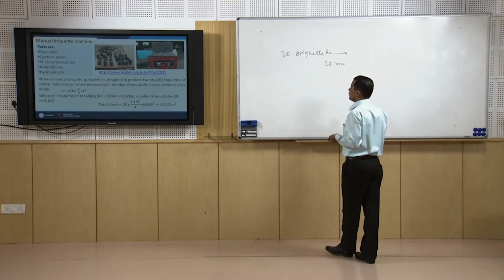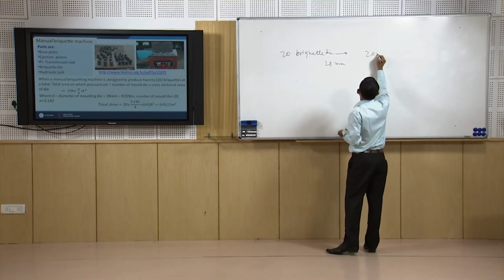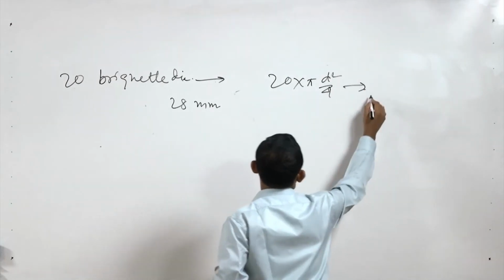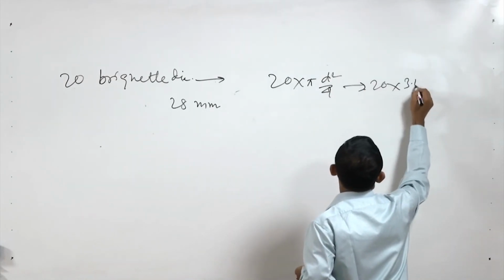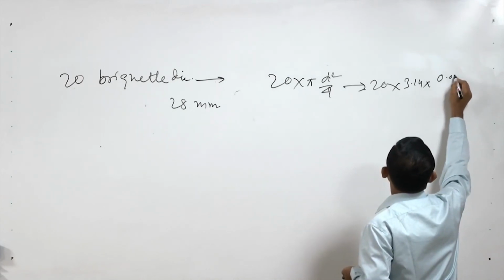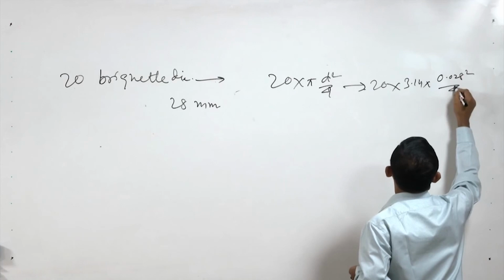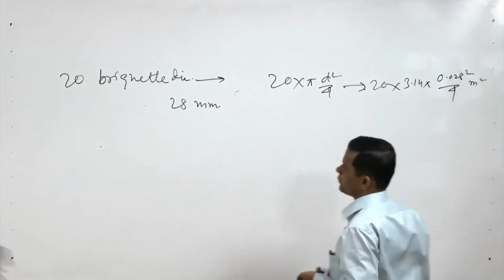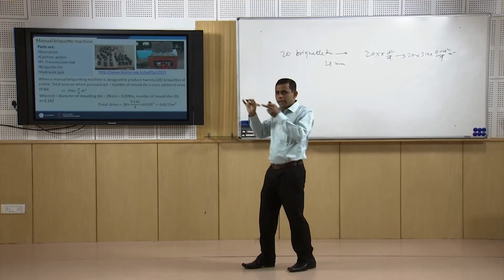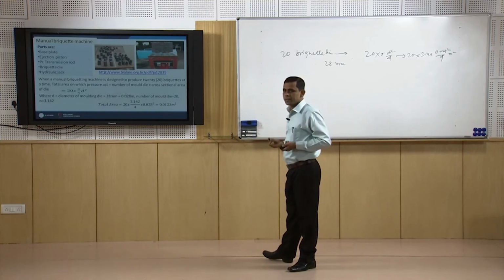That will be 20 into pi d square by 4, that is 20 into 3.14 into 0.028 square by 4, that is in meter square. So, this much area we are getting through which the pressure will be transmitted.